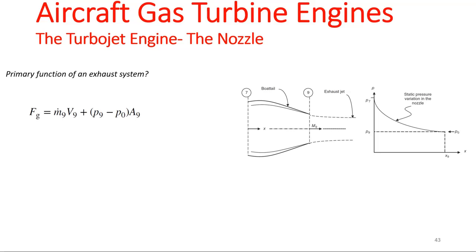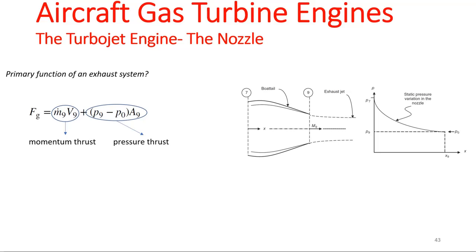And if you recall from our previous discussion, m dot V9 is called the momentum thrust, and the delta P multiplied by the exit velocity is called the pressure thrust.